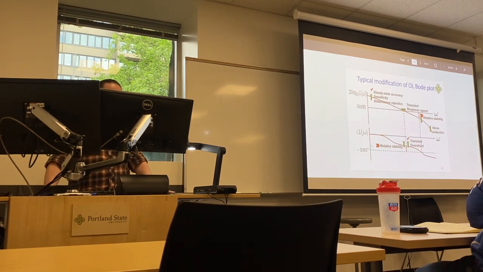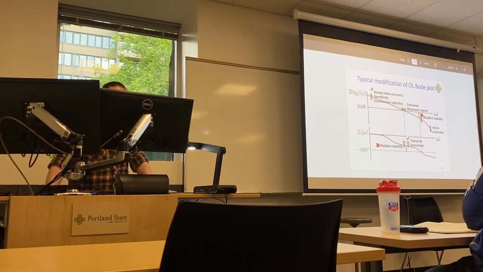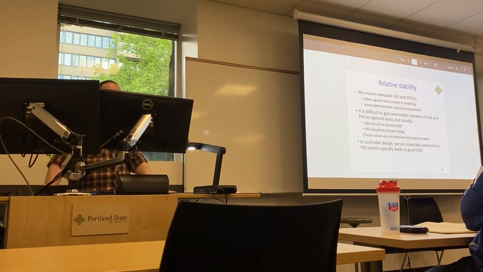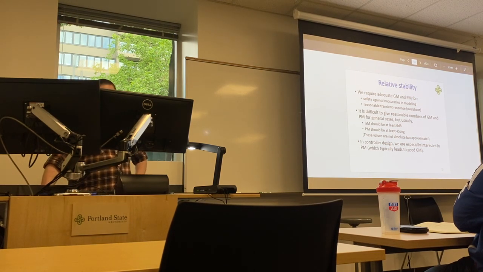Okay, so now we're going to look at the relative stability. We already covered relative stability to a degree, gain margin and phase margin here. So we require adequate gain margin and phase margin for safety against inaccuracies in modeling and reasonable transient response.